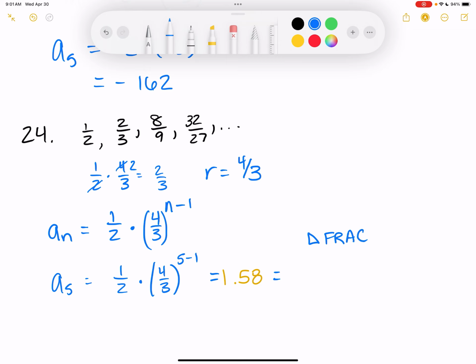I choose that, and it turned it into a fraction for me, which is 128 over 81. If they're giving you the stuff in fractions, we should leave them in fractions. But like I said, your calculator will do it for you.